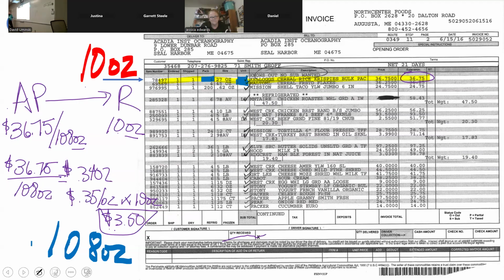Because if we were to multiply this whole long number times 10, we get $3.41. By running up to the nearest whole penny, when you multiply this times 10 ounces, you get a nice even number of 350, right?